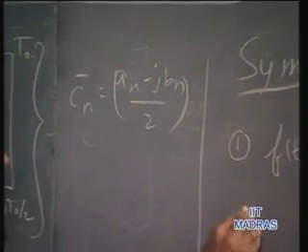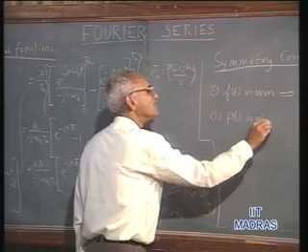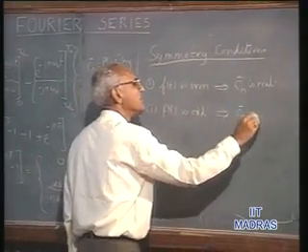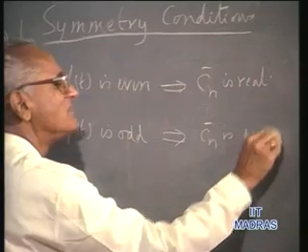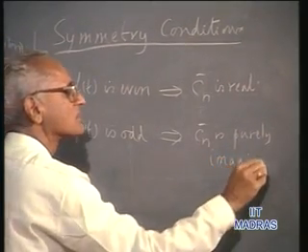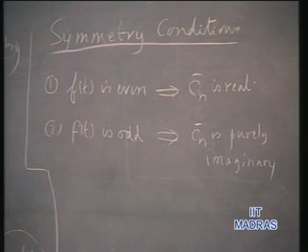If f of t is odd, then of course Cn is purely imaginary. We have the bn terms but no an terms.